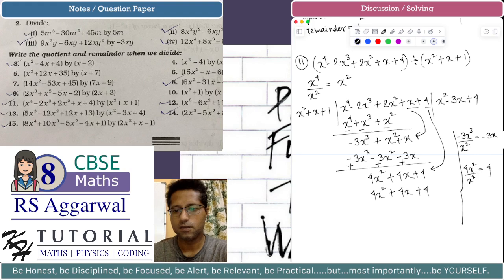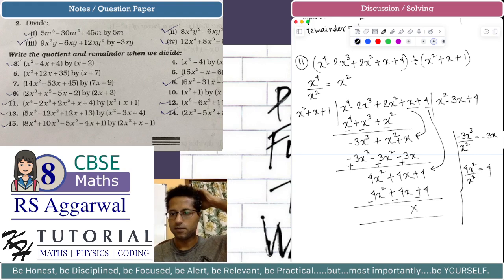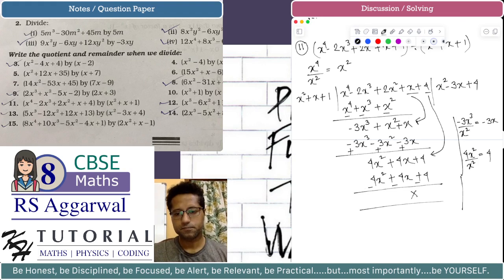As you can see, if we subtract that from the dividend, there is no remainder. So the division process ends here, and we can say that the quotient is equal to x square minus 3x plus 4, and there is no remainder. That is, remainder is equal to 0.